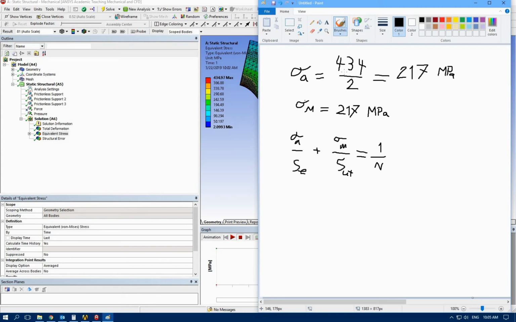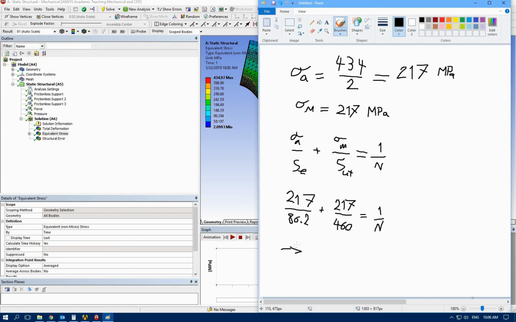Let's put these numbers inside: 217 divided by 86.2, plus again 217 divided by, what was the ultimate stress? Let me check. 460. This is equal to 1 over n.